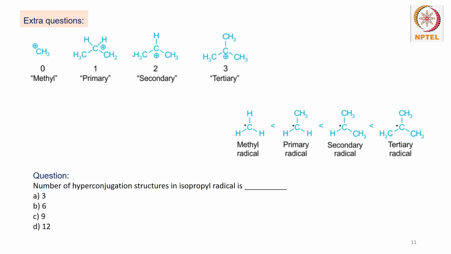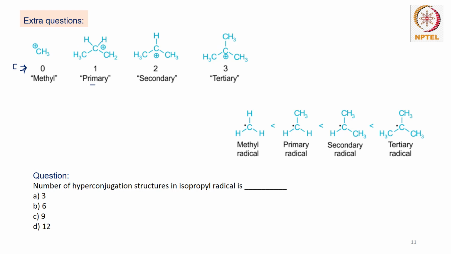Here the plus is on this carbon, but it has 1 adjacent carbon, so it is primary. It has 2 adjacent carbon atoms, which is secondary. It has 3 adjacent carbon atoms, so it is tertiary.